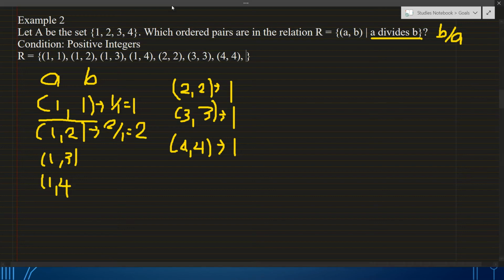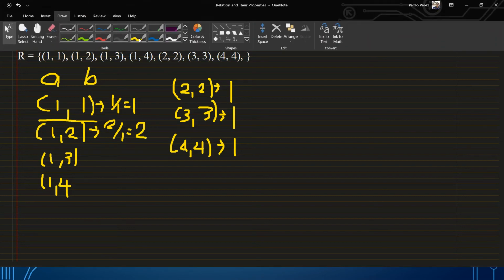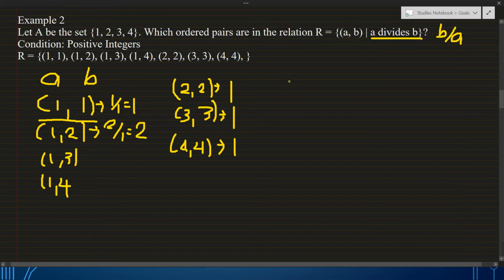Next, let's go to a equals 2. When a is 2, is (2, 3) included in the set? No, because the quotient is 3 over 2 and it only requires positive integers. Next, (2, 1)?